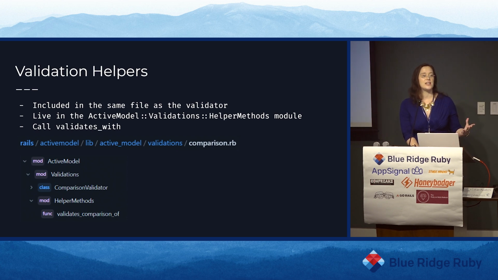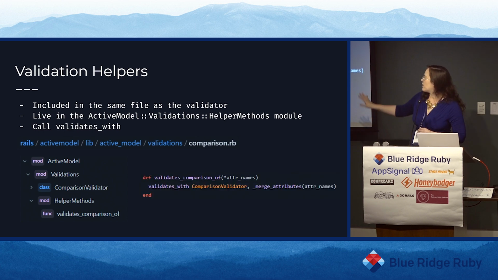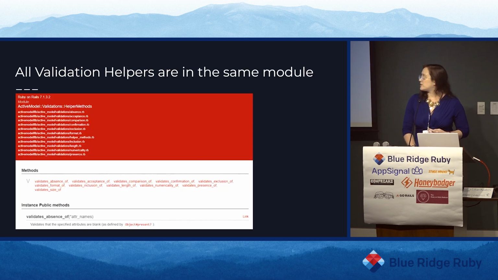So if we look at validates comparison of, what it's doing underneath the hood is it's simply calling validates with the comparison validator and merging in any attributes that were passed to that method call. We can actually see this when we look at the Rails documentation. We have this active model validations helper methods, and we can see at that top tier that it is sourcing these helper methods from each of the individual validator files that it's within, right?